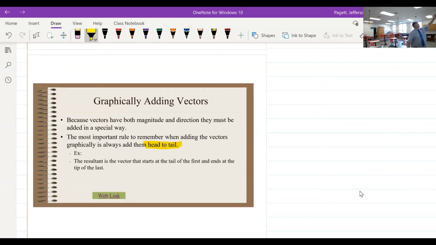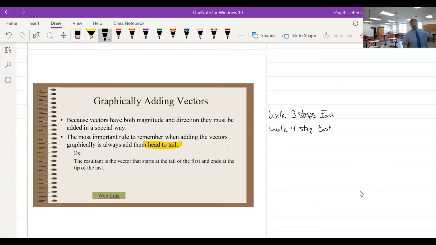Now, here's the example. Let's say that my problem is that I walk, I'm going to write this out, I walk 3 steps east and then walk 4 steps east. Now that's nice and easy.